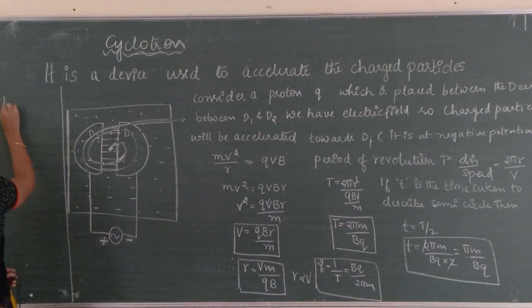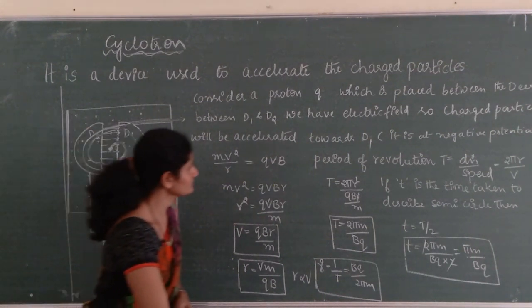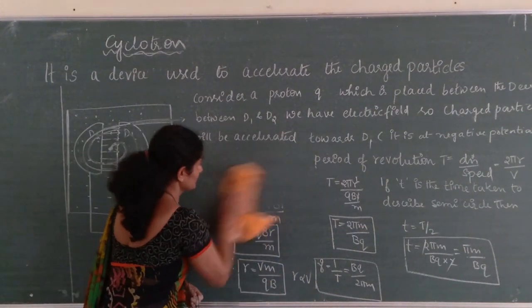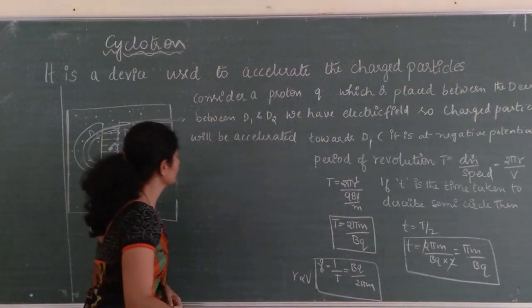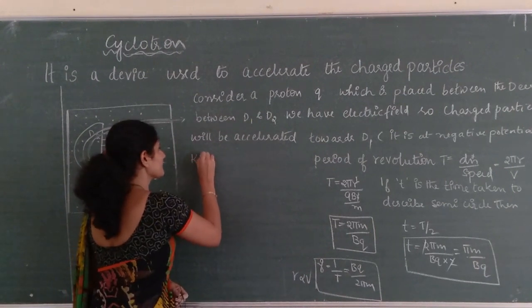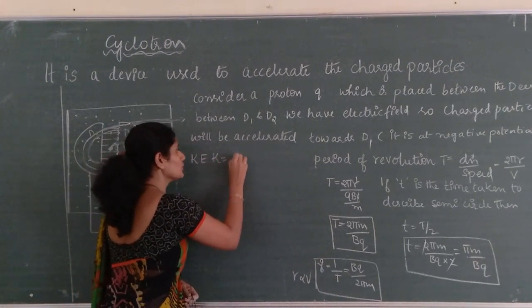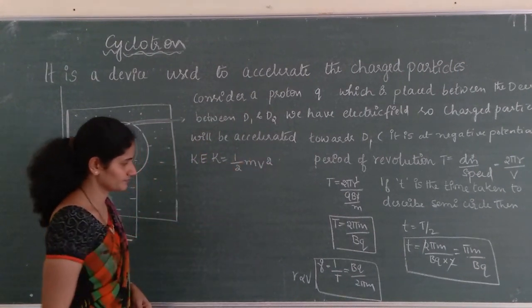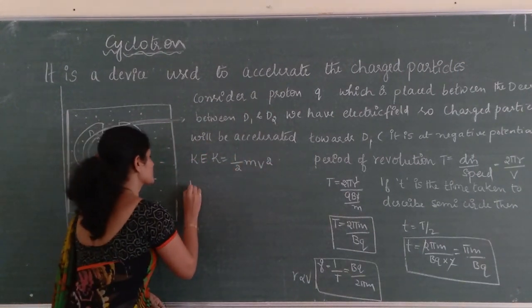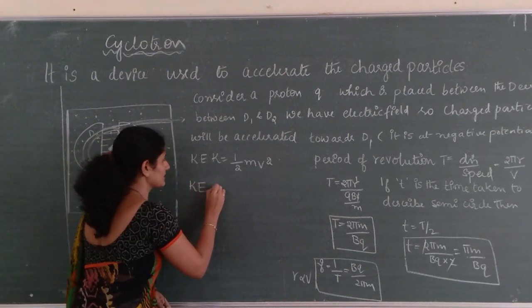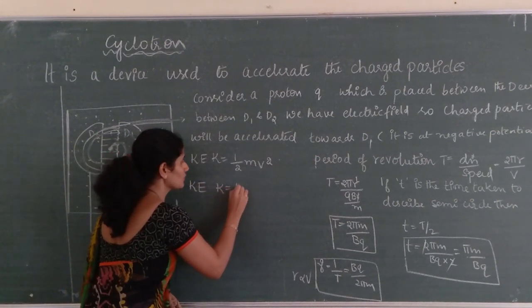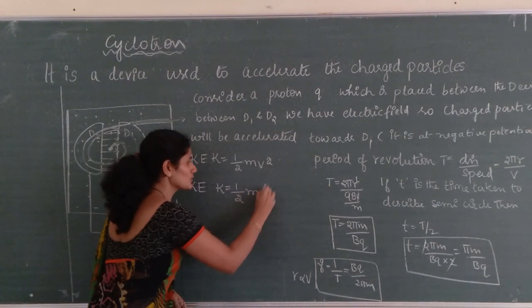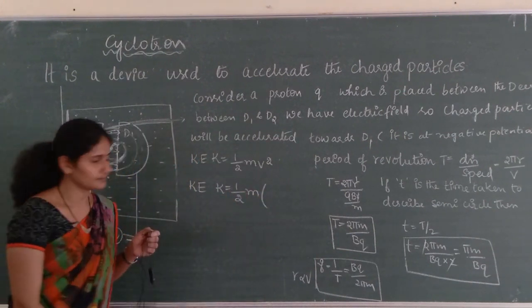So, the kinetic energy K is equal to half m v square. What is the expression for V?